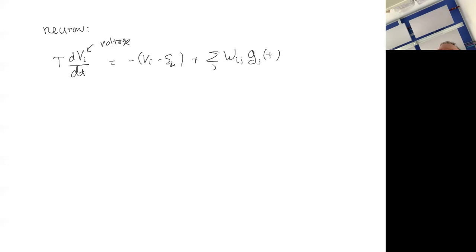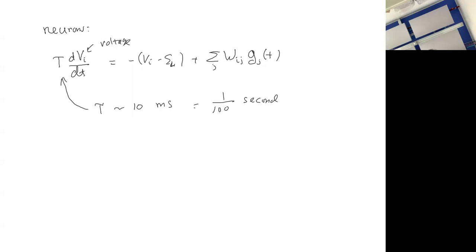None of this is important. What's important is that tau is on the order of 10 milliseconds. So neurons have very fast dynamics, 1/100th of a second. Within a second, they've forgotten everything.